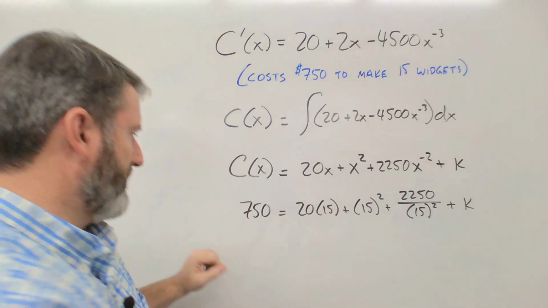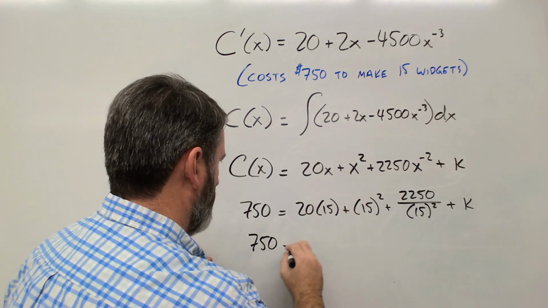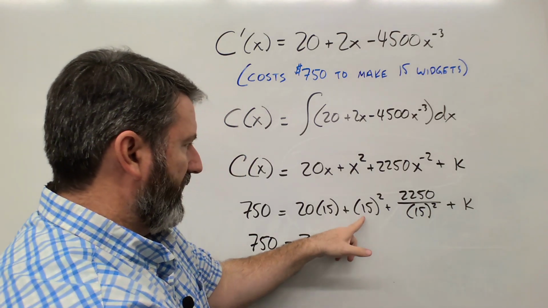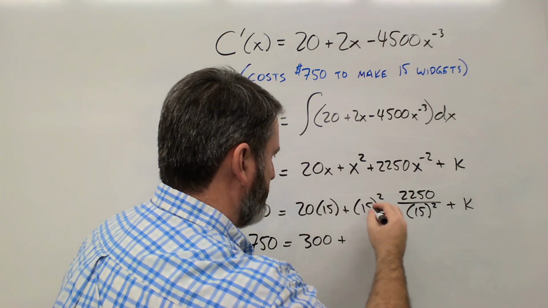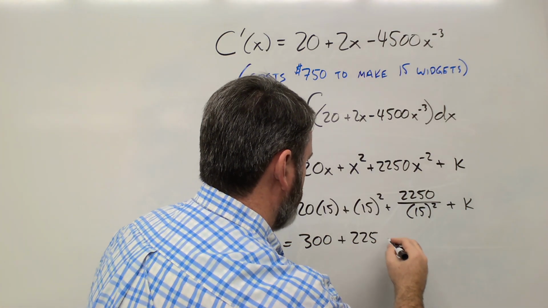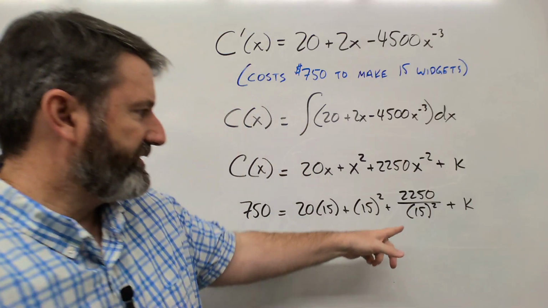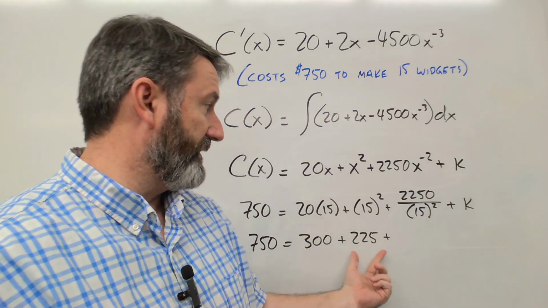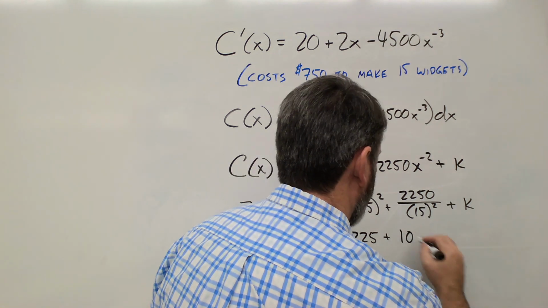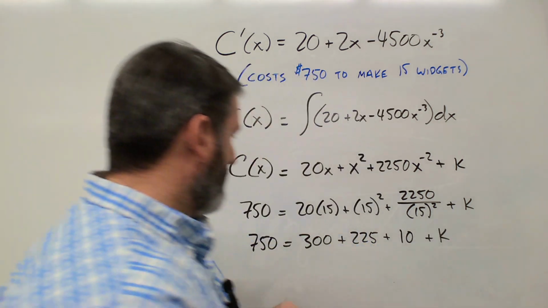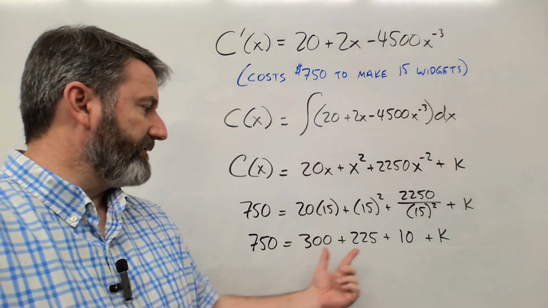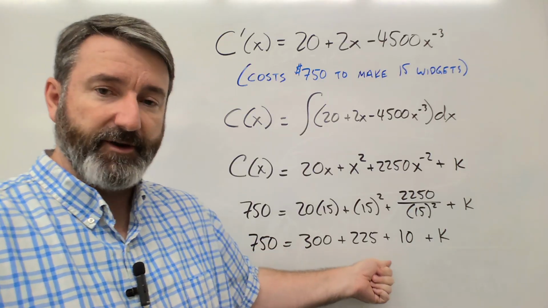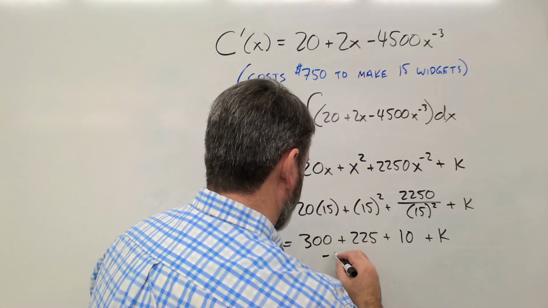All right, so 20 times 15 is 300. 15 squared is 225. And then if we took 2,250 and divided that by 225, we'd just get 10. And now 300 plus 225 plus 10 is 535. So let's subtract that from both sides.